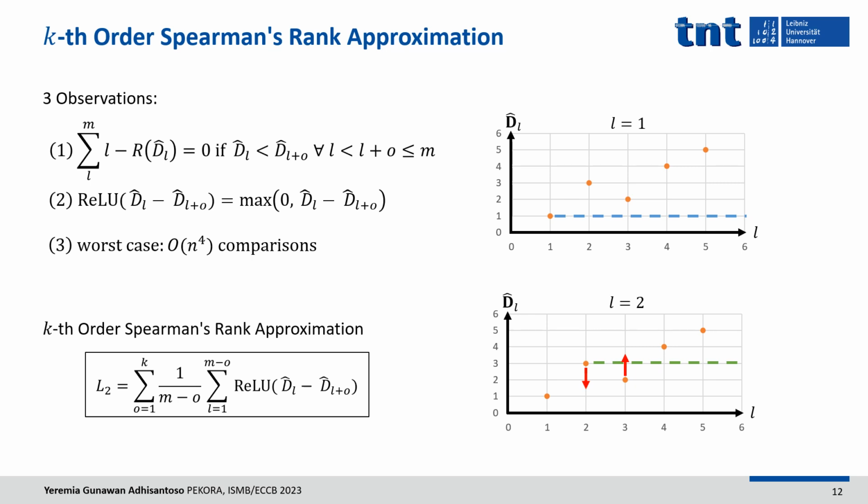So we only penalize when the next point with certain offset O is less than the current point. Last, if we compare every single prediction with all other possible predictions, we have n to the power of 4 complexity. Therefore, we limit it only to a certain offset, and therefore we have this kth order Spearman rank approximation.